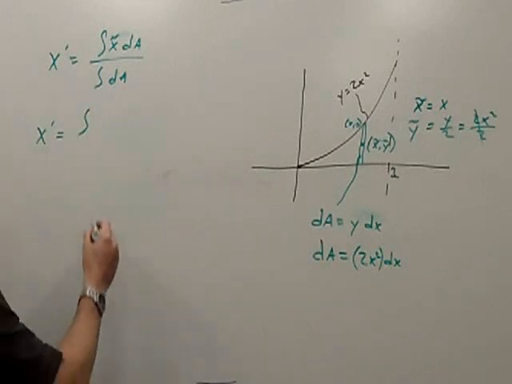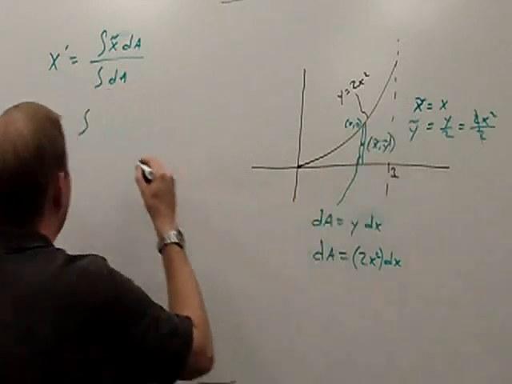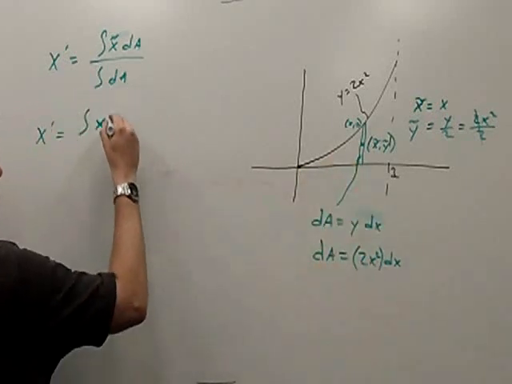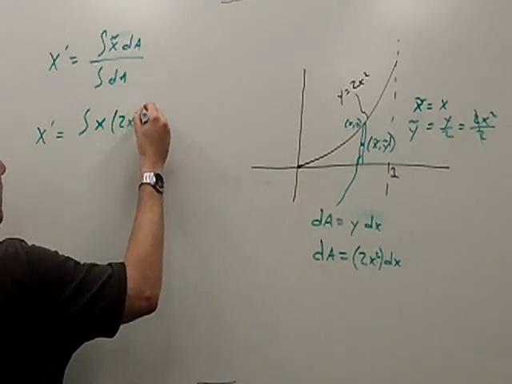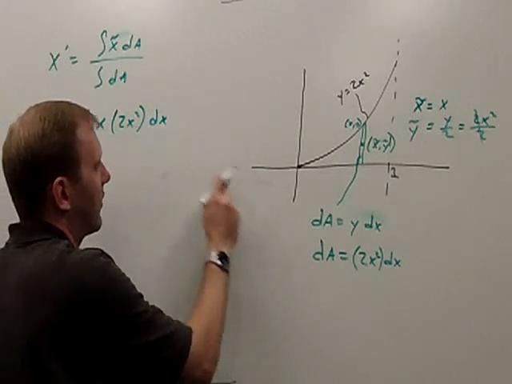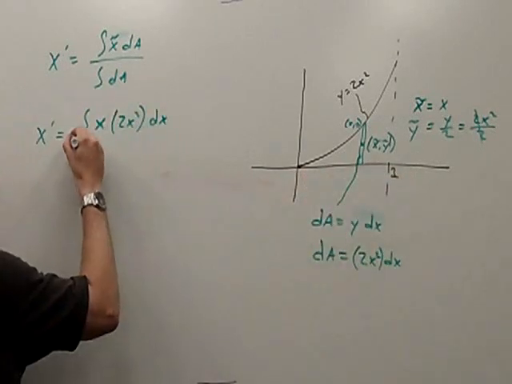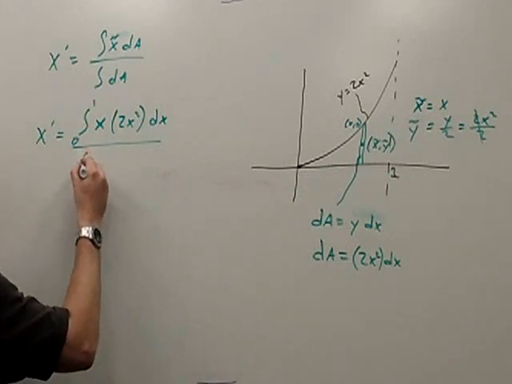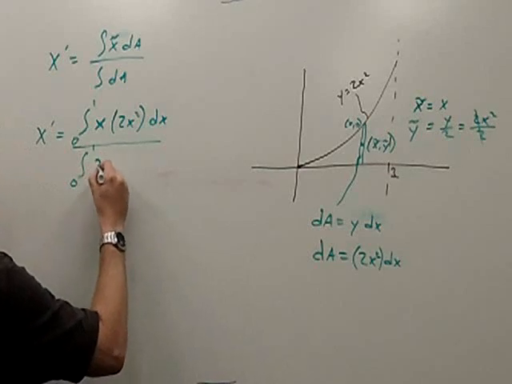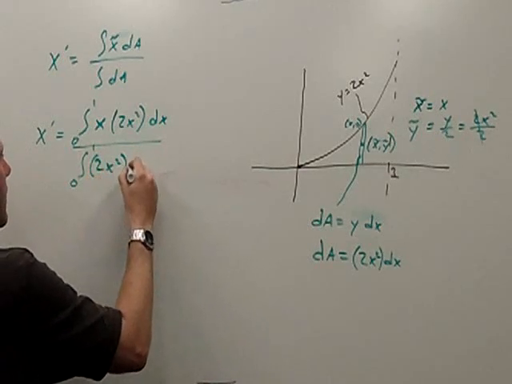So we can substitute in here. X tilde is x. dA is 2x squared dx. And we're integrating over x, so we go from 0 to 1. Denominator is going to look very similar: 0 to 1, we don't have the x tilde term, we just have 2x squared dx.